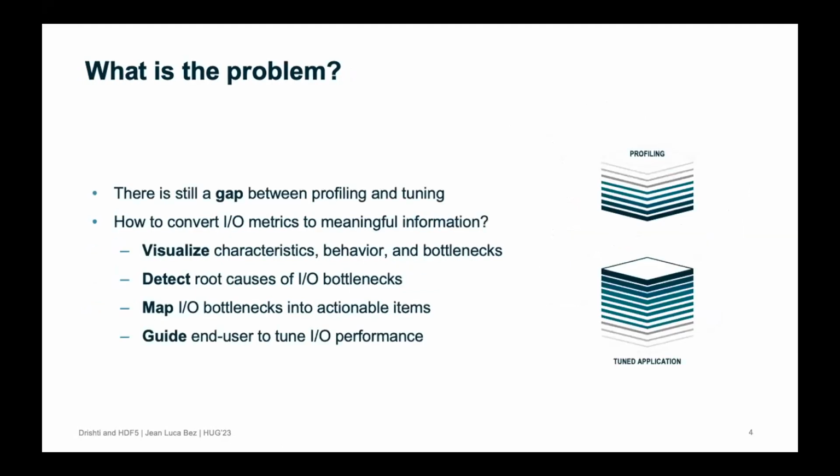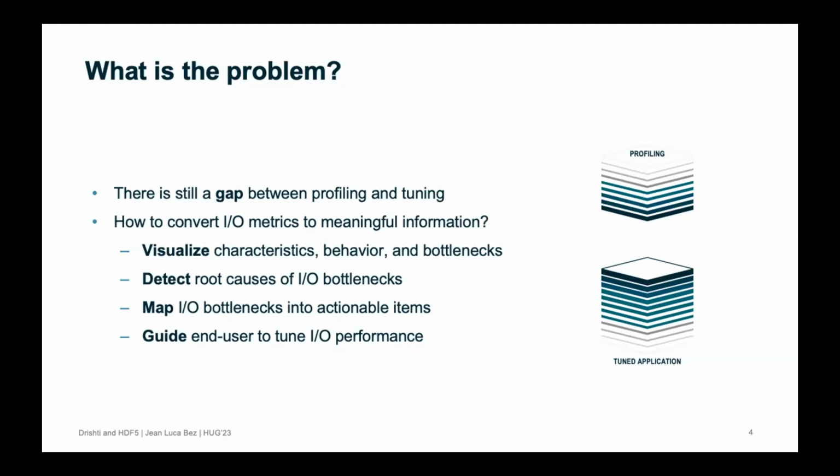So we know there is a gap between all of these profiling or metric collection tools and the actual tuning process of the application. What we're interested in here is how to convert those metrics into something that is actually useful and meaningful so people can act upon them and make changes to the application, to the configuration, or to any of the parameters on any of the knobs that they have available throughout the stack.